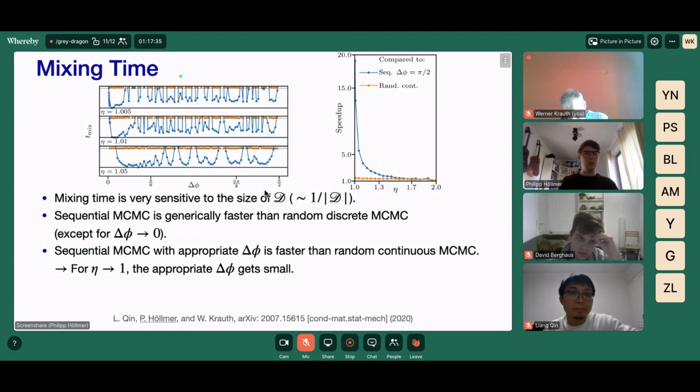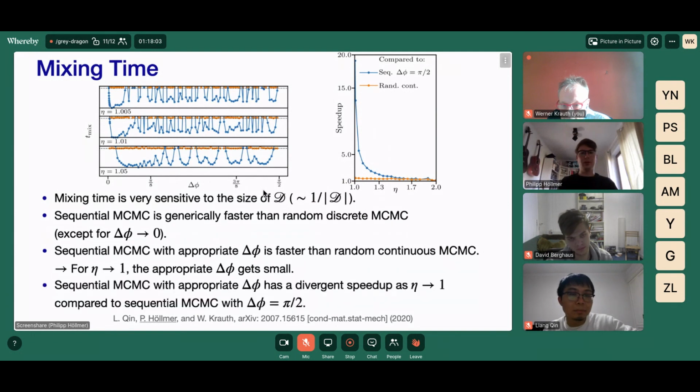You can see that this is always well smaller, and that the optimal choice of delta phi in our sequential schemes seems to approach 0 as we let eta go to 1. The orange curve here on the right highlights that we can always obtain a speed up in our sequential scheme versus the random continuous choice of directions.